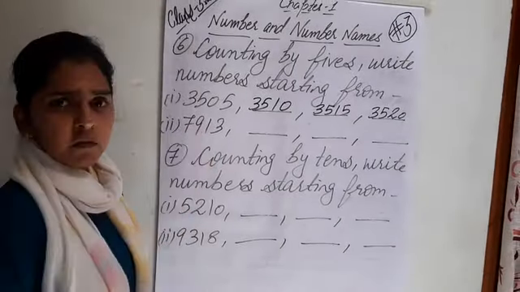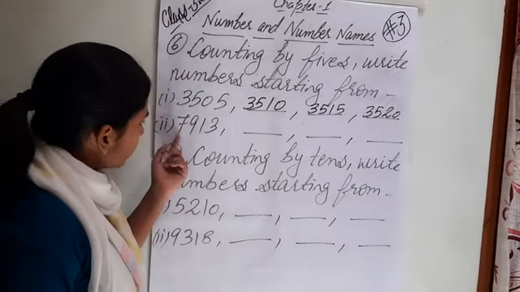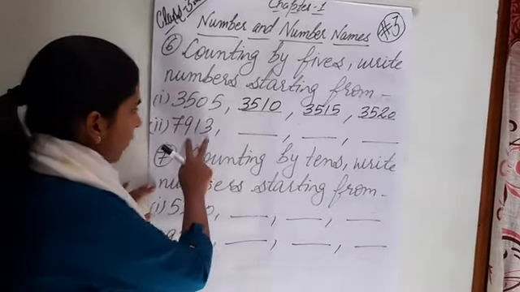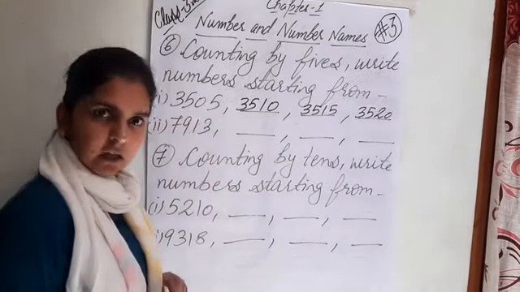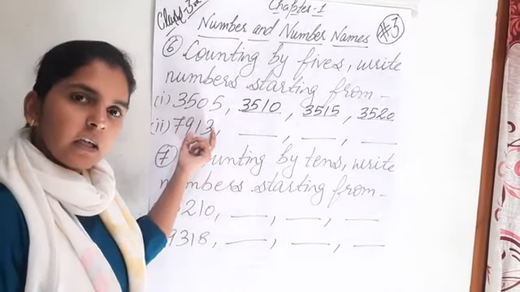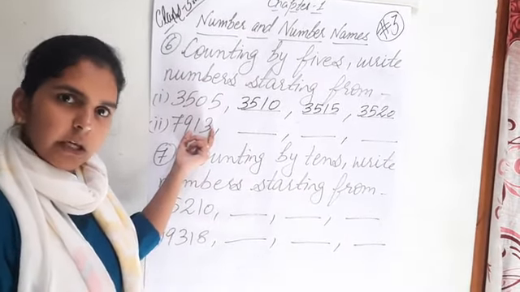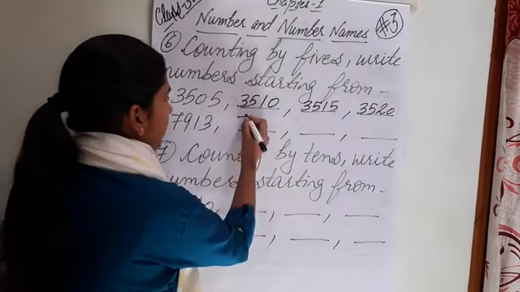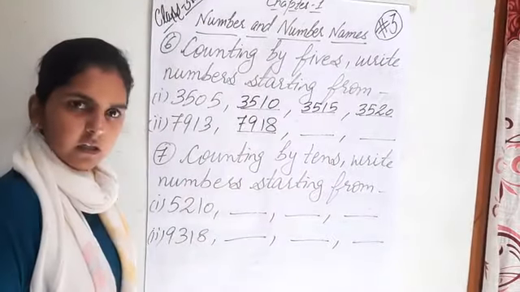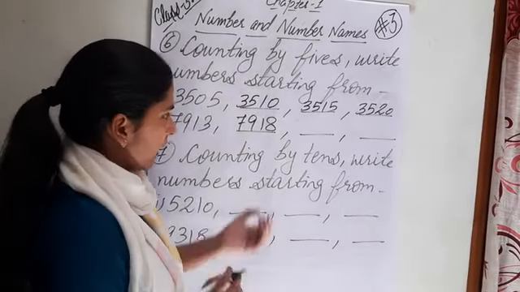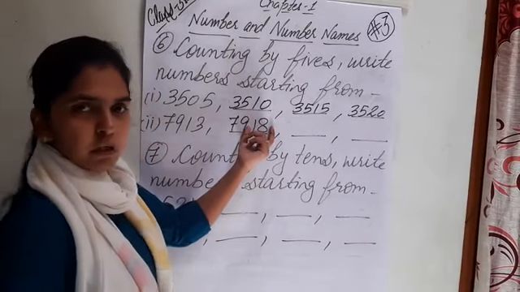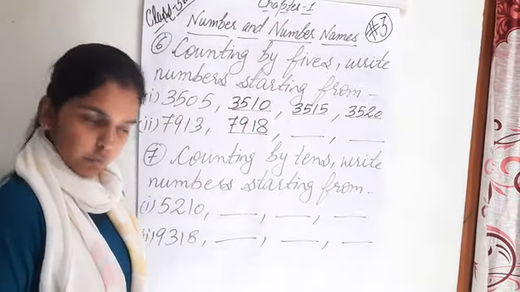Now let us solve the next part. This is 7913. The number formed by the last 2 digits is 13. So you add 5 to this number. 13 plus 5 is equal to 18, right? So the next number will be 7918. Now again add 5 to this number. 18 plus 5 is equal to 23.